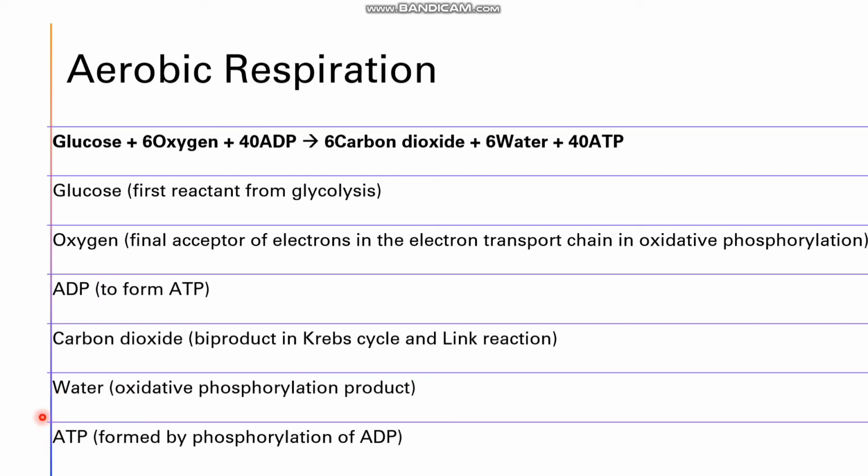And we also have ATP formed from the phosphorylation of ADP by our ATP synthase when our hydrogen ions are diffusing passively through into the matrix. So we can see where all of our reactants and products have come from. Our reactants are used and not regenerated, and our products are produced but not used. So they're overall inputs and overall outputs.